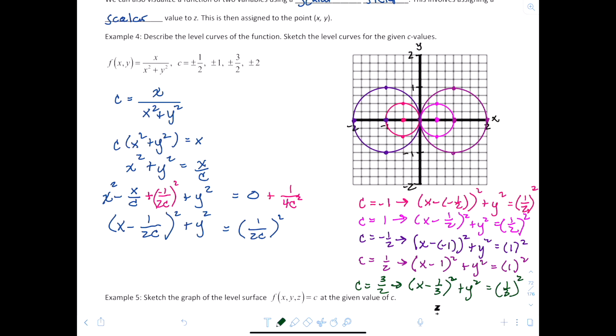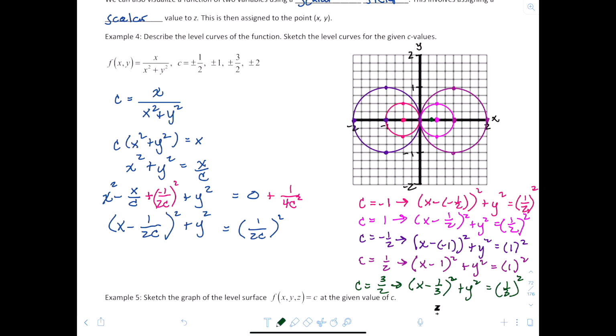So 1/3 is going to be out here, about here.